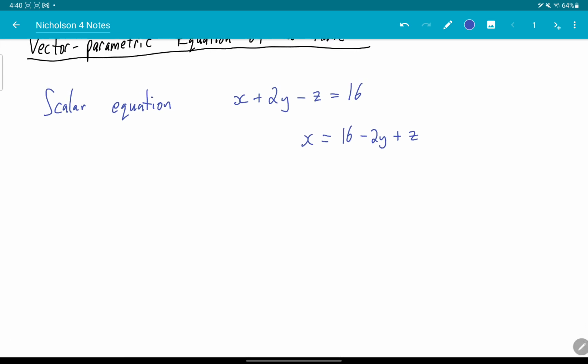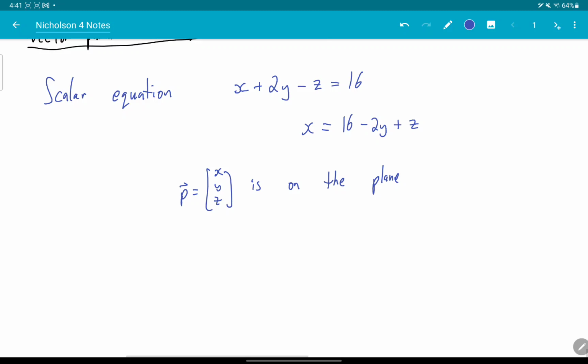And then I'll say, well, look, if this vector p, x, y, z, if it's on the plane, what does that mean? It means that p is x, y, z.